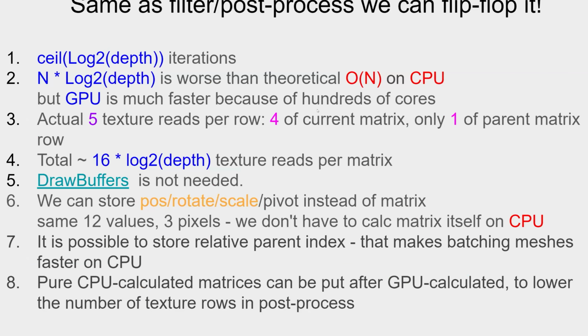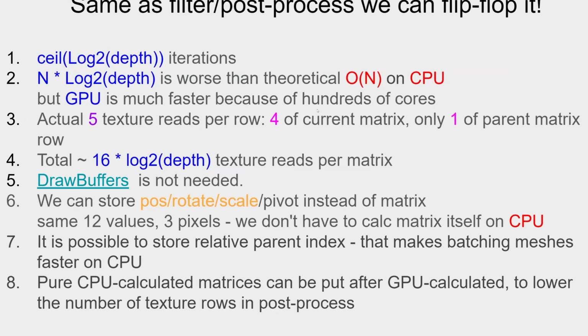So what are the other advantages of this algorithm? First, of course, it's worse than on the CPU theoretically, but the GPU has many cores, so that's why it's winning. The number of texture reads is actually very low, like 5 texture reads per 1 matrix row computation.